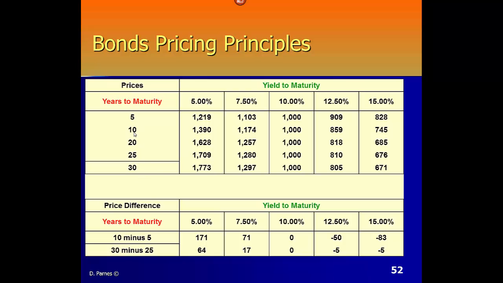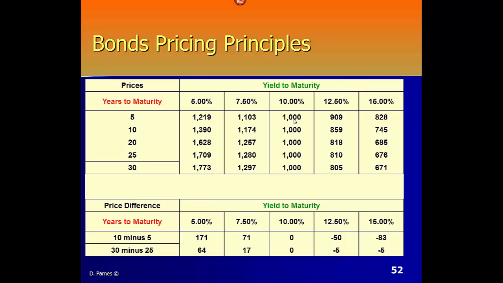So the gap between 10 and 5 years to maturity bonds will be in this row, which means $171 is the gap, the change in the prices between two short-term maturity bonds. $171 you get by subtracting $1,219 from $1,390. $71 you receive by subtracting $1,103 from $1,174.